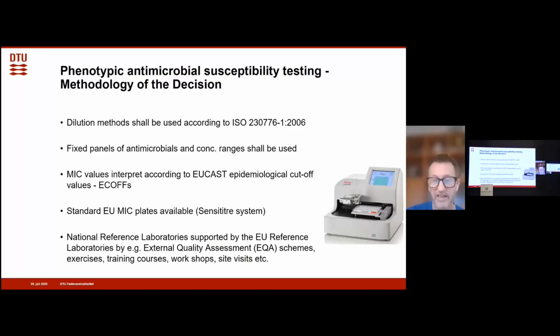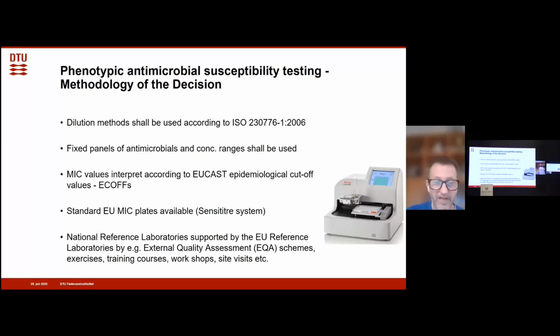It's also indicated that the methodology being used should, of course, be dilutions, but also MIC values should be interpreted according to the EUCAST epidemiological cutoff values, so ECOFFs, and that the member state should use standardized EU MIC panels available from the TREC system, the Sensititre system.